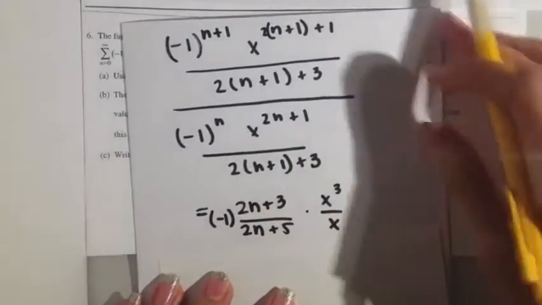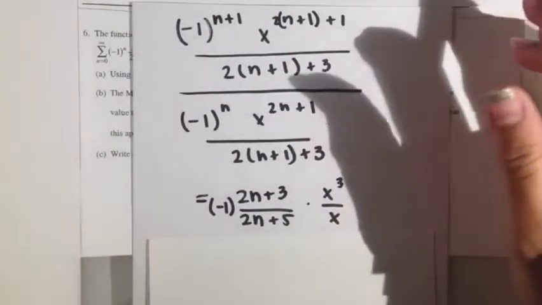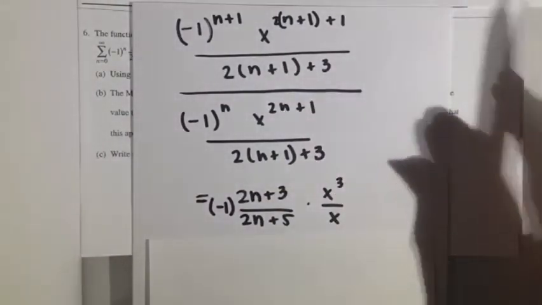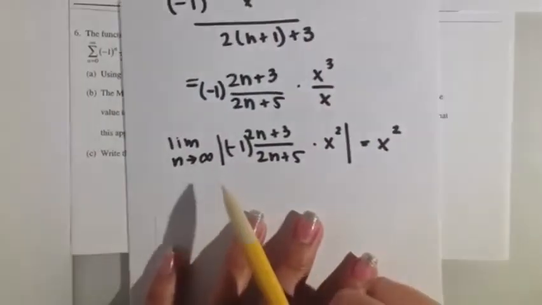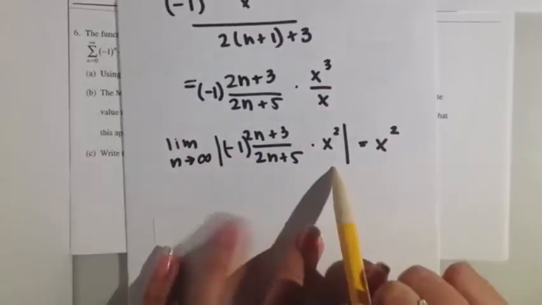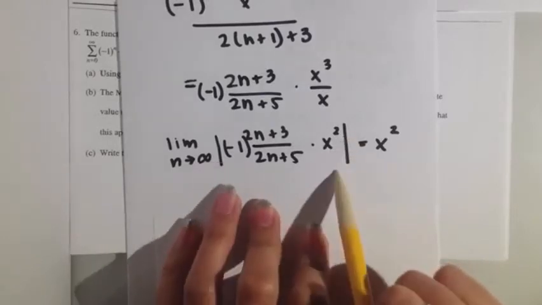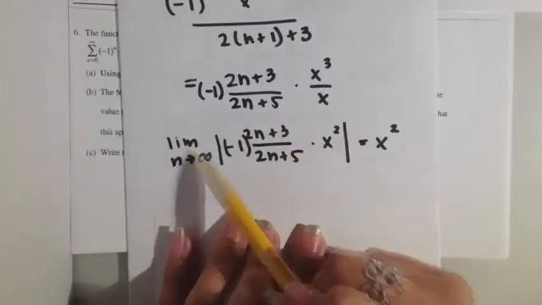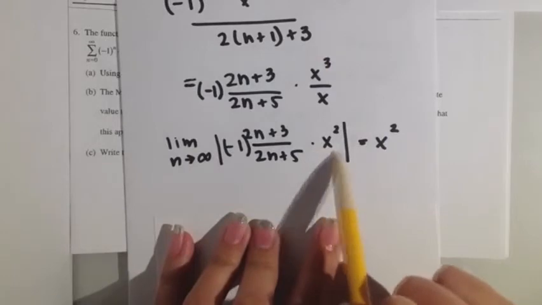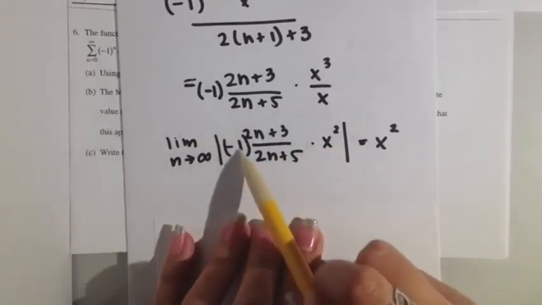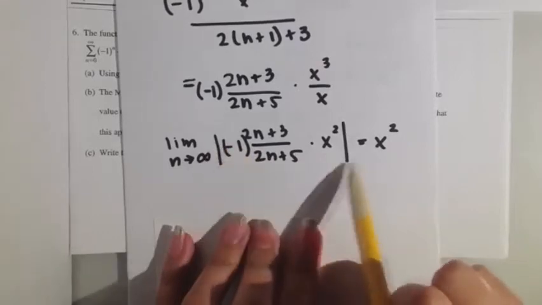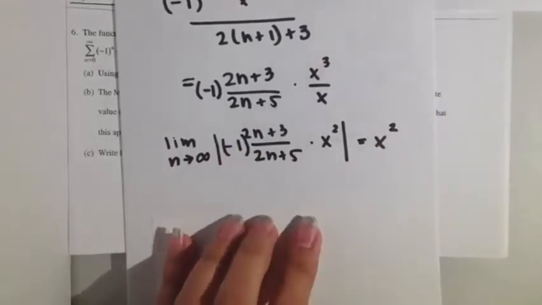Now you have to find the limit of this function. So the limit as n approaches infinity, and keep in mind this is all an absolute value. As n approaches infinity, you're left with x squared. And this negative 1 disappears because it's an absolute value, so you're left with x squared now.